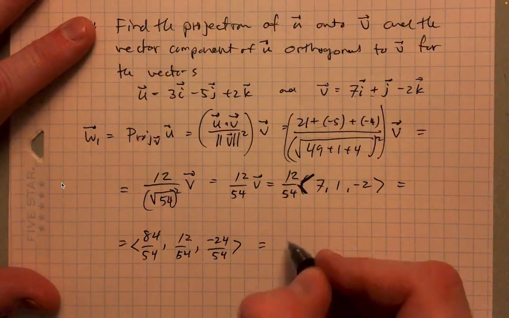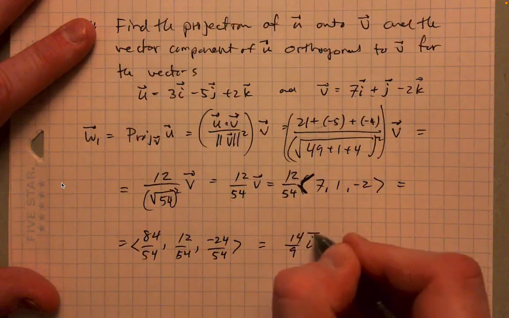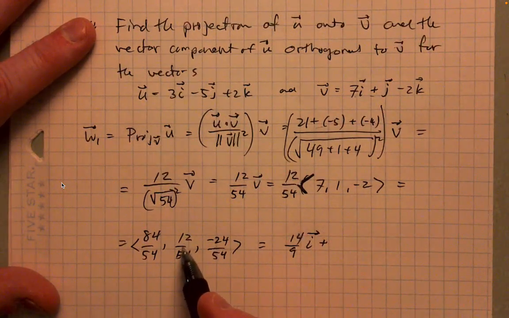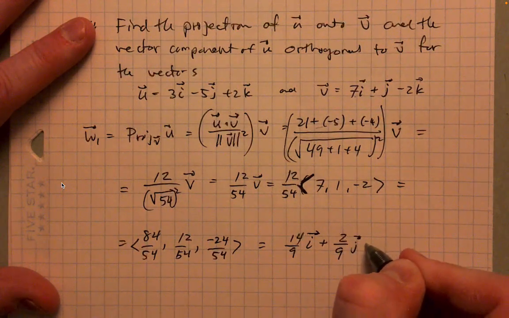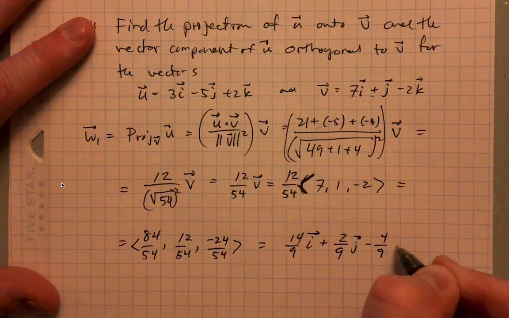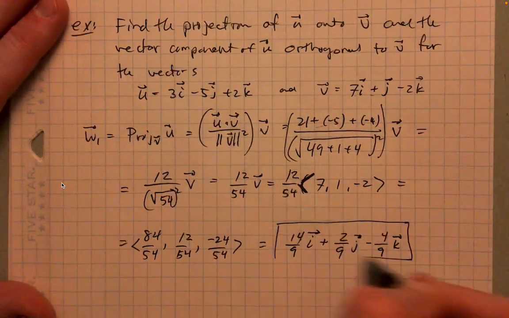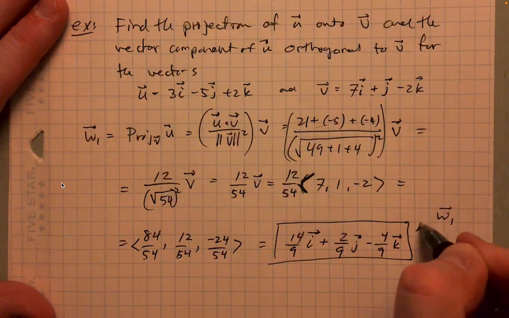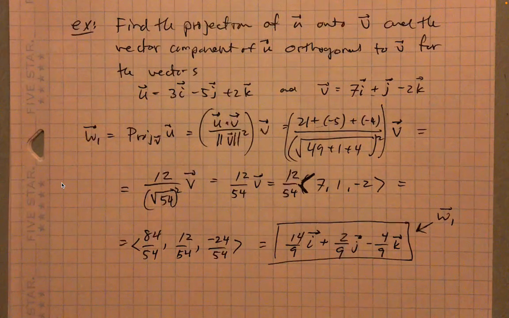So this would be 14 over 9 when we do that division. We simplify that first fraction, and then this will be 2 over 9, and then minus 4 over 9. So this is w1. Not the prettiest vector in the world, but it is indeed a projection of the given vector u onto v. It's going to have the appropriate length, and it's going to be in the direction of v.